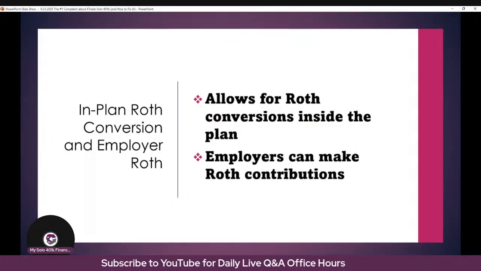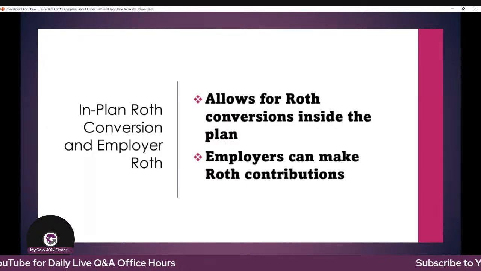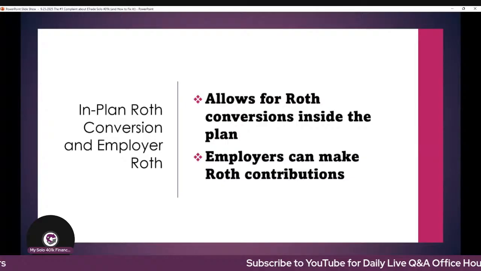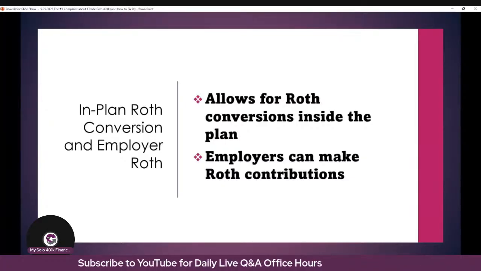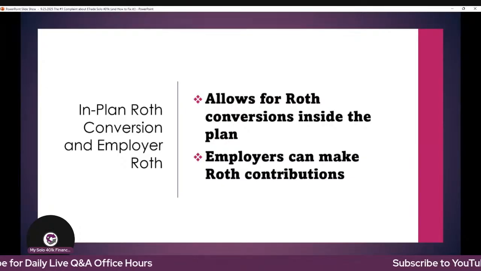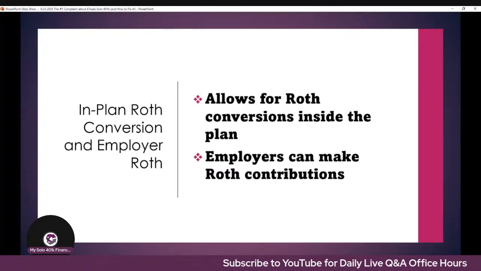In-plan Roth conversion and employer Roth. These are additional important but missing features with E-Trade Solo 401k, additional complaints that one might have about E-Trade's basic Solo 401k. So number one, in-plan Roth conversions. This is where someone could take money that's in their pre-tax Solo 401k and transfer it to their Roth Solo 401k.